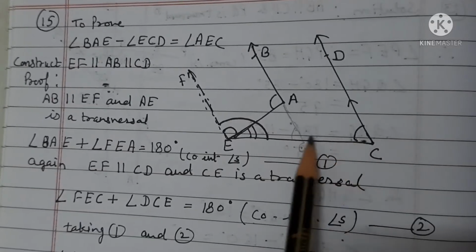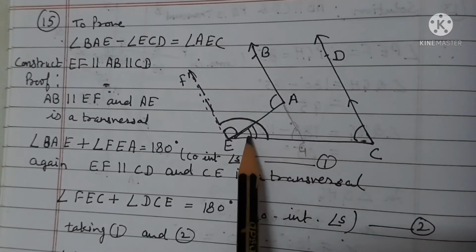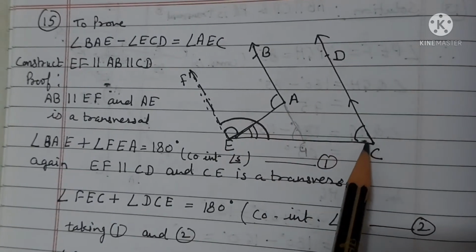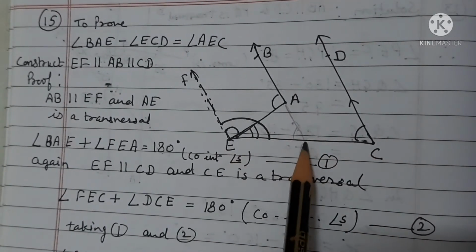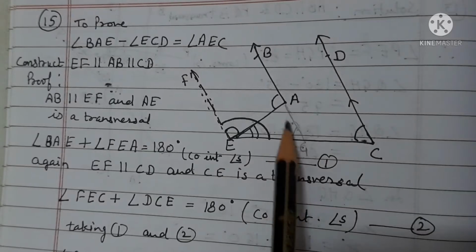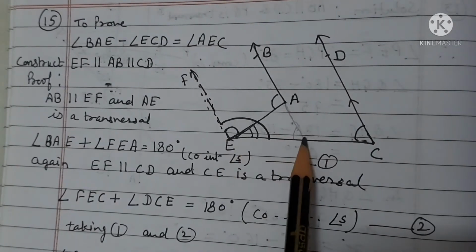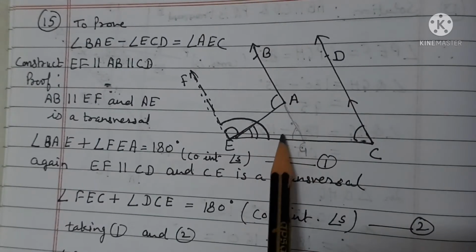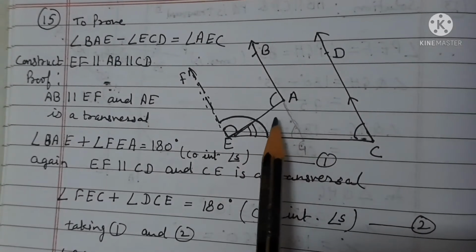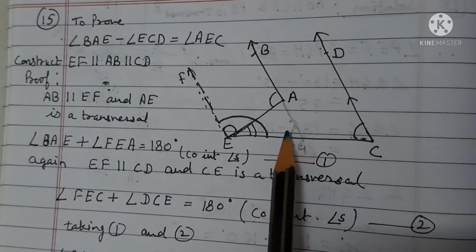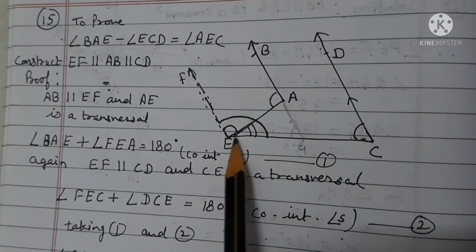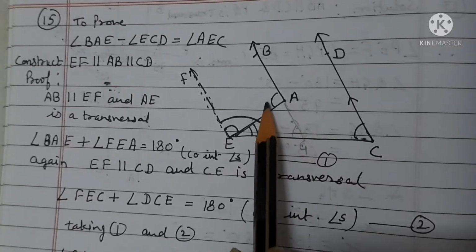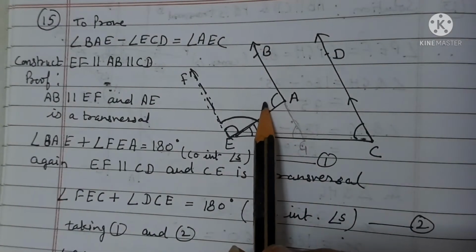So angle C is equal to angle G, and in triangle AEG, the sum of angle AEG and angle AGE will be the exterior angle.